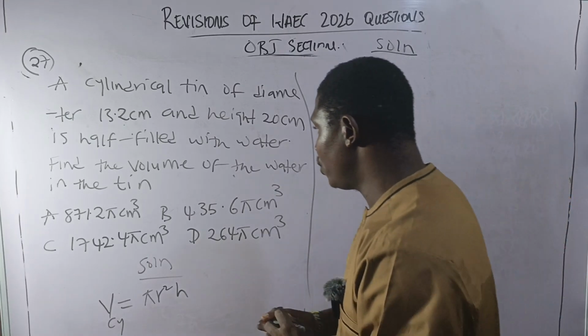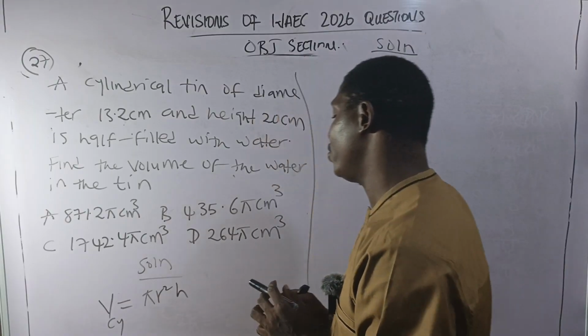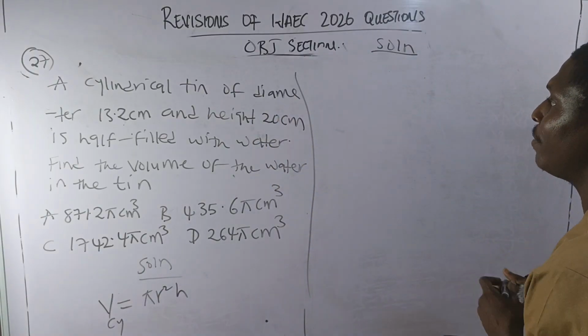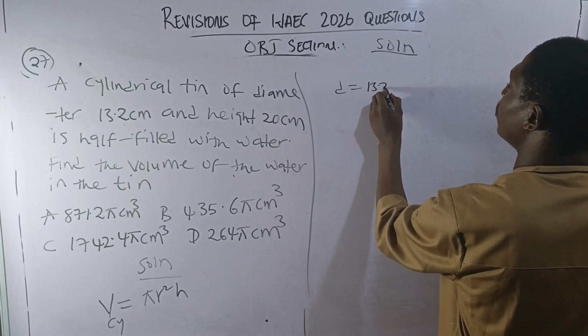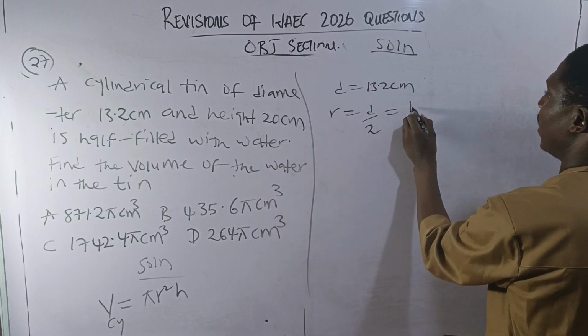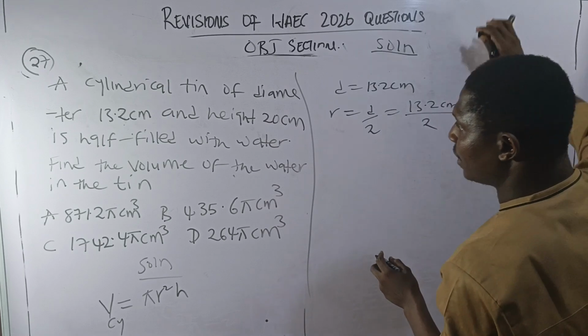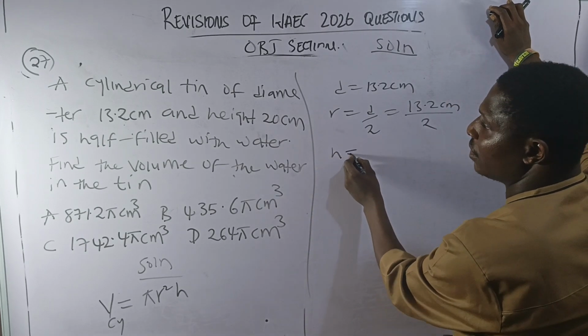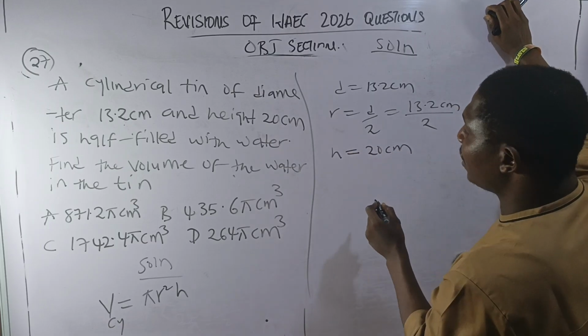And if you observe, the answers were given in terms of pi. So our pi remains constant. And our diameter was given. Diameter equals 13.2 cm. Radius equals diameter divided by 2. So we have 13.2 cm all over 2. And the height is equal to 20 cm.